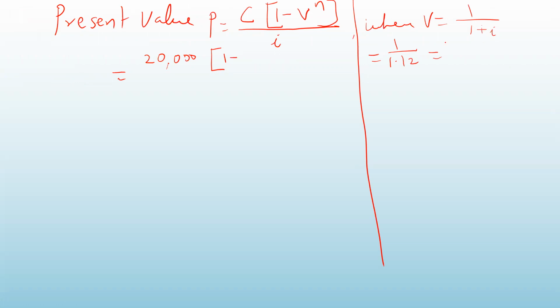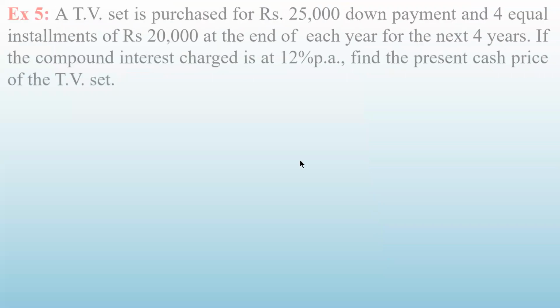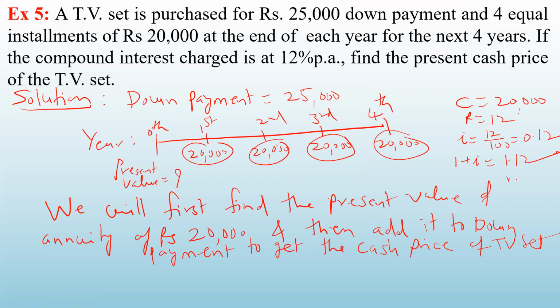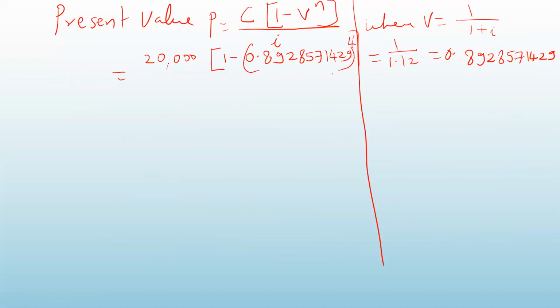That comes out to be 0.8928571429. This raised to the power, he is paying in how many installments? 4 installments, so n is equal to 4, divided by I, where I is 0.12.